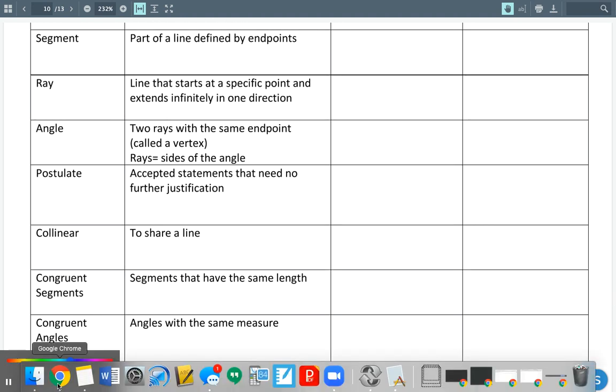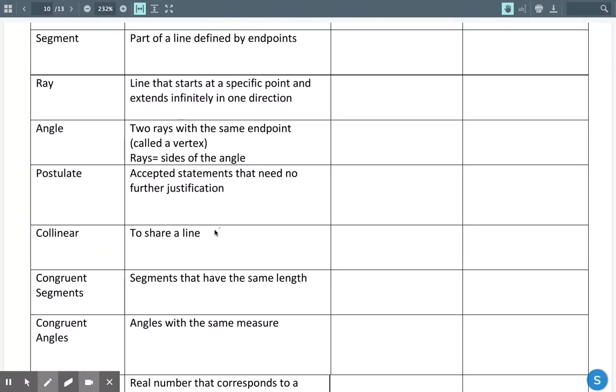All right, so next term is a segment, which is going to be used a lot in this lesson. So a segment is part of a line defined by endpoints. So it means you're taking that line that goes on forever, but you're cutting it off at two endpoints.